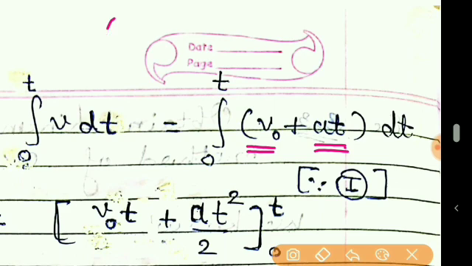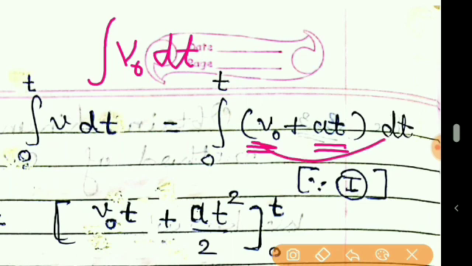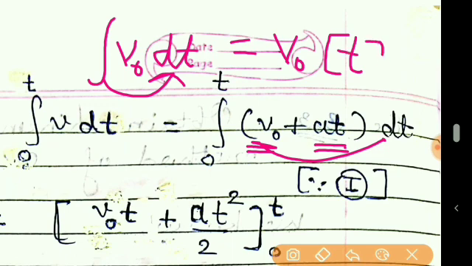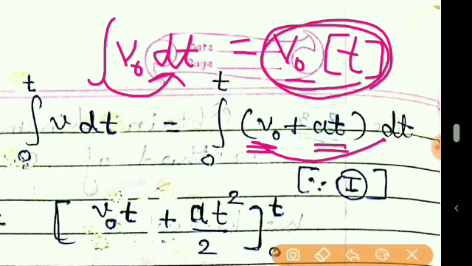So for the integration of v naught dt, that is for this first term, as this v naught is constant, we'll take it out. What remains inside? Only the integration of dt. And what is the integration of dt? Integration of dt is simply t. So we'll get the integration of the first term as v naught into t. So we have kept it here.